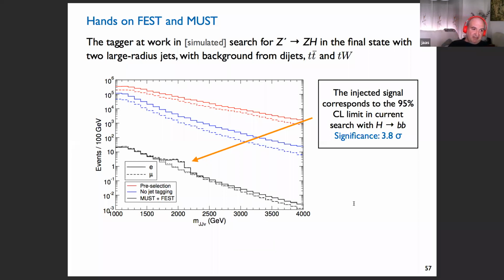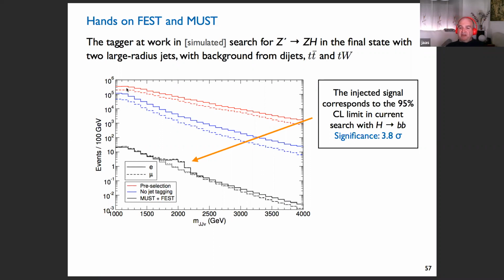And the last slide is an example, not for the top, but for the Higgs. Example of a potential search. Well, this is your QCD background, huge.